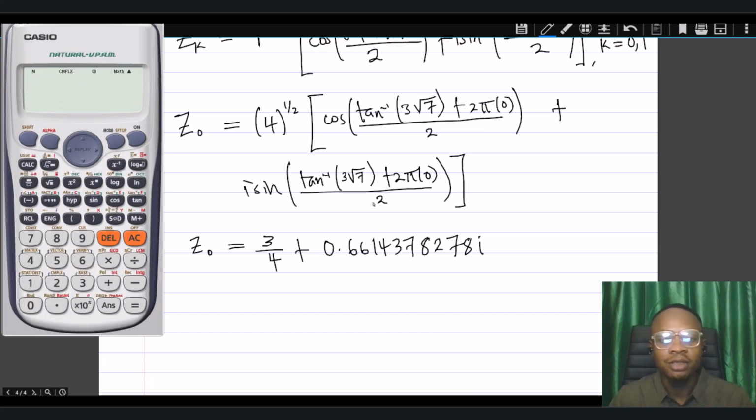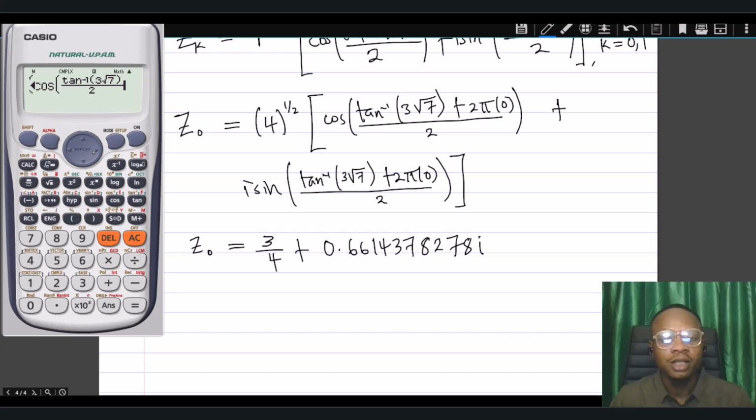Let's get back to the expression. 2 is out here, so put 2, then close this bracket, then the cosine of tan inverse of 3 root 7, close this off and divide by 2.